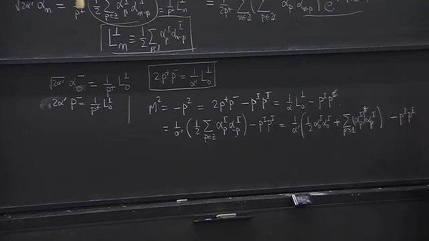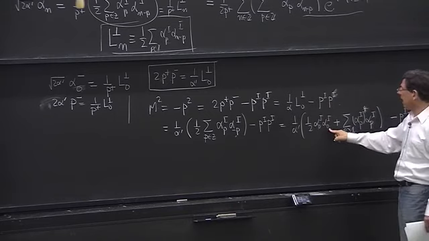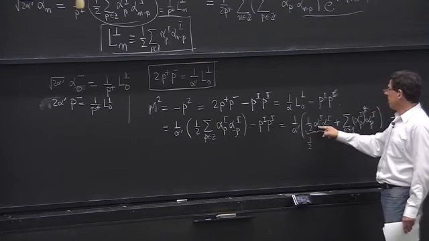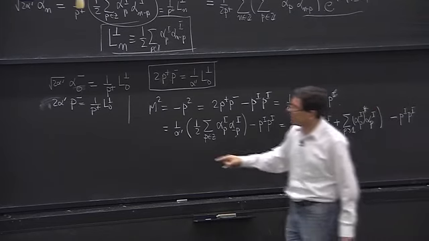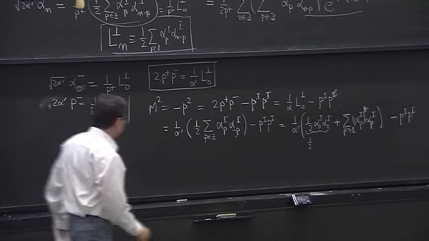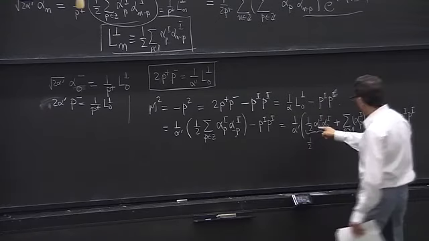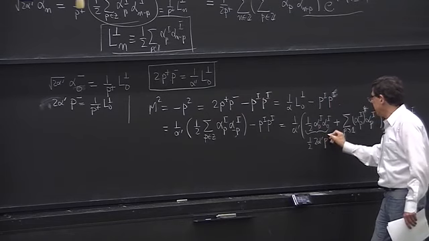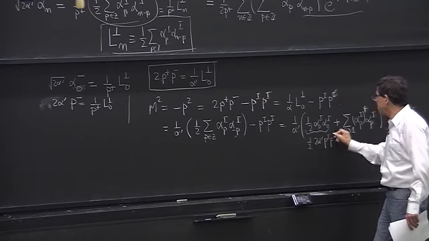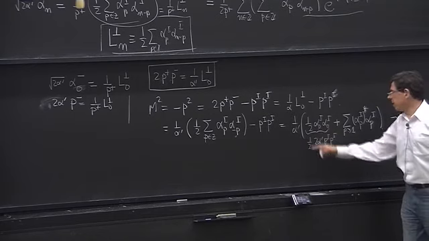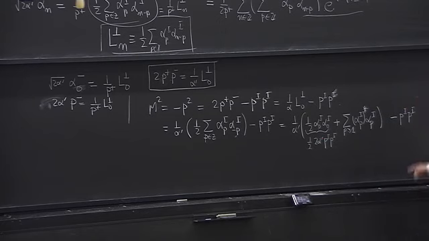And now something good happens. Alpha_0^i, this thing is 1/2. Remember alpha_0^i, you need all this knowledge, is square root of 2 alpha prime p^i. So with an alpha prime here, and these 2's cancel, and this cancels with that.